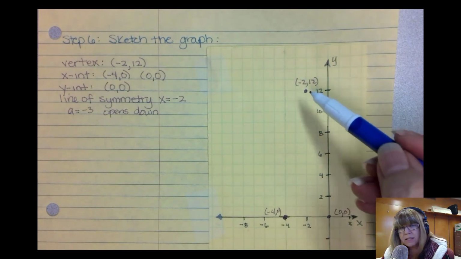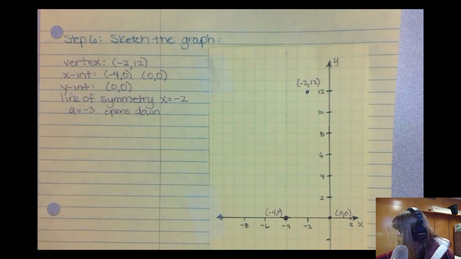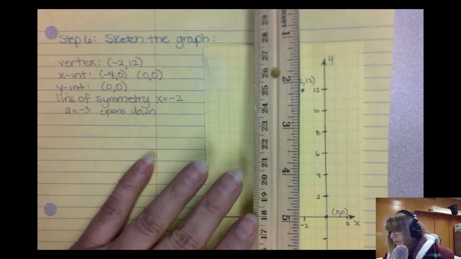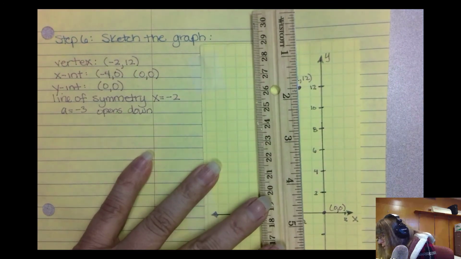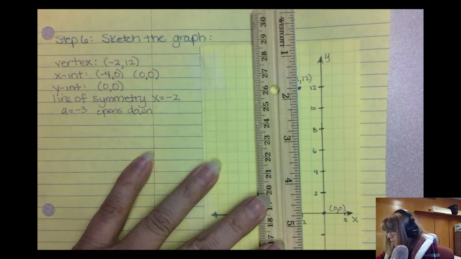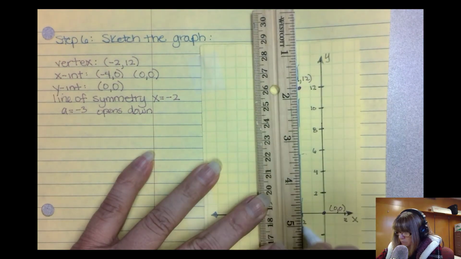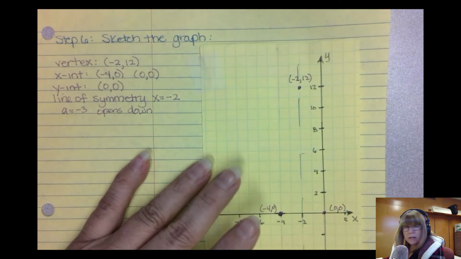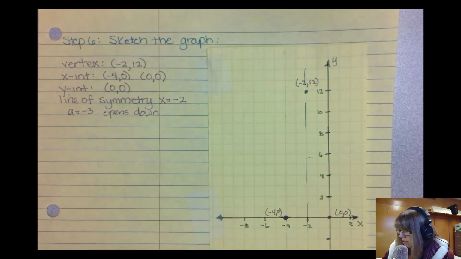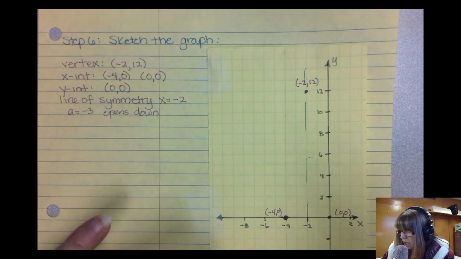And we know this is a maximum. Here's our line of symmetry. So there's going to be a mirror image on each side of this line.